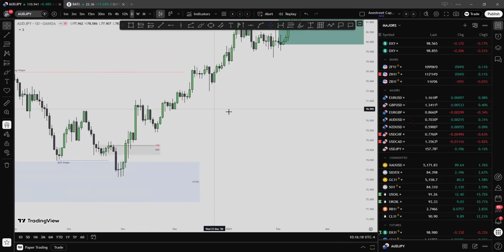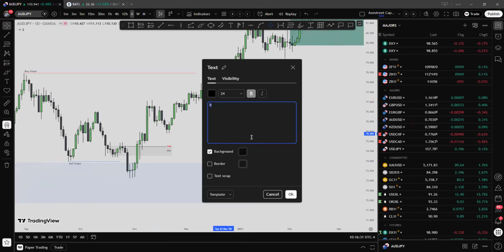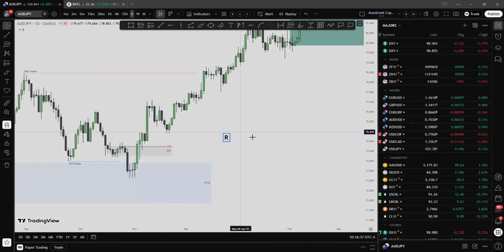So I have two different execution methods, right? You can use a refined entry. So you'd have a refined entry. Okay. So you've used the monthly, right?